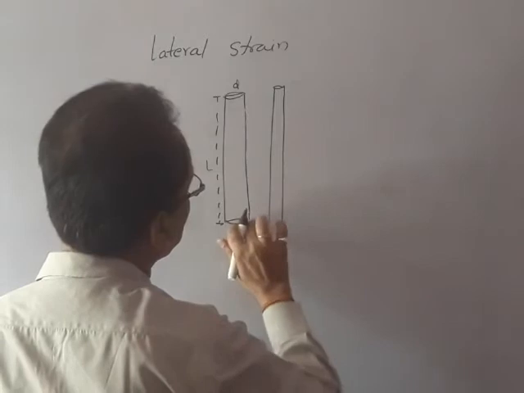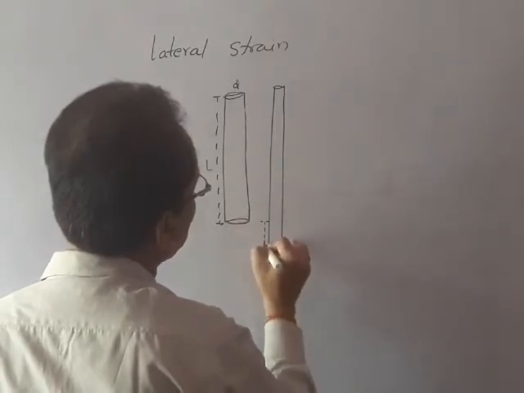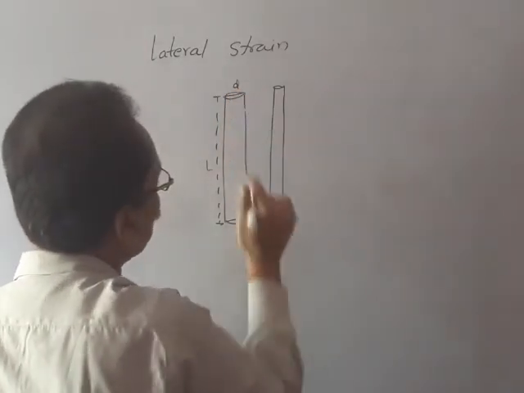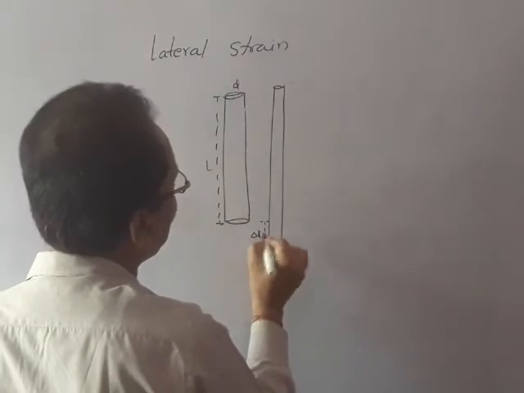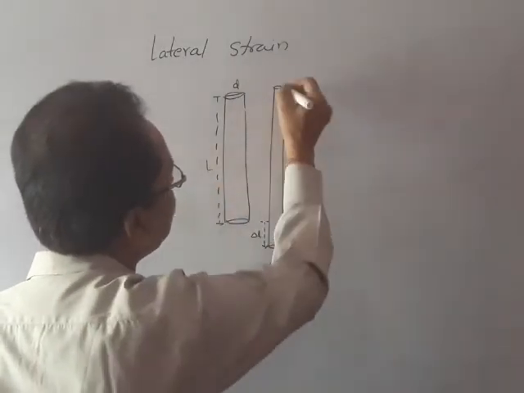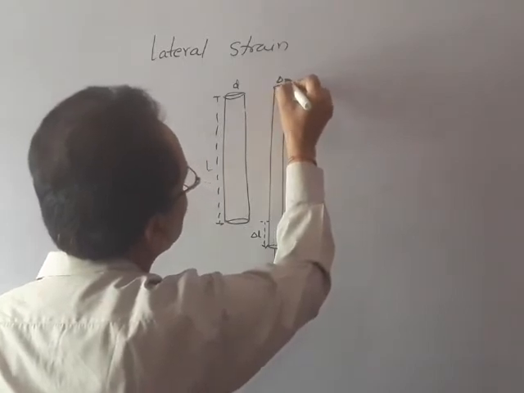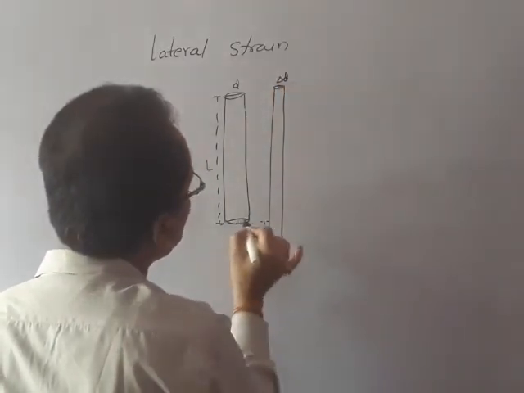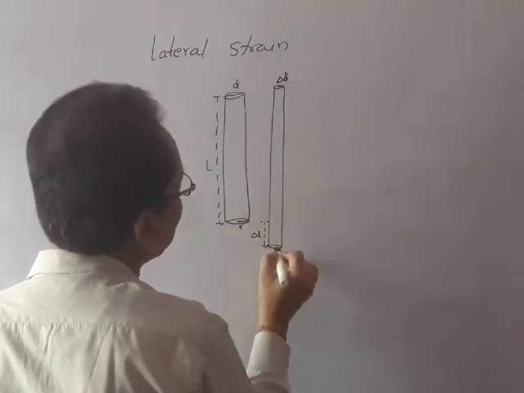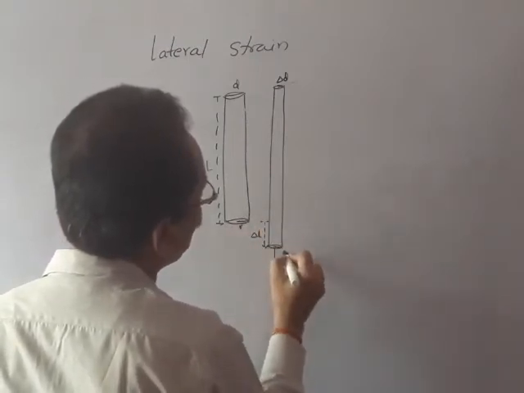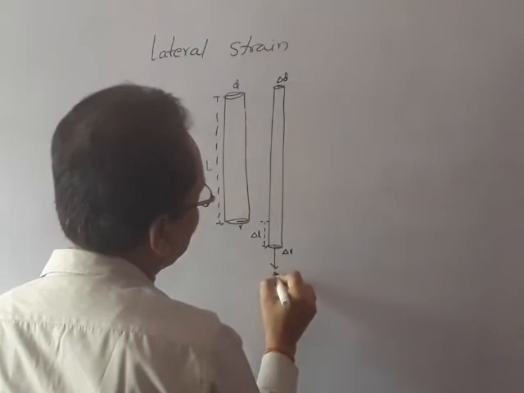Then what will happen? The length of this rod will increase by del L, but its diameter D decreases, and decreases through how much? Del D. Or if we take radius R, then this radius will be reduced by del R.